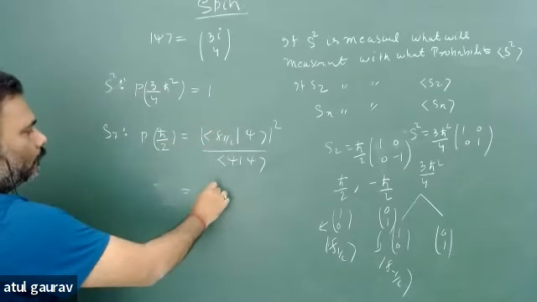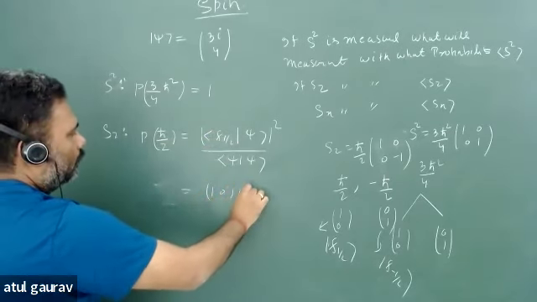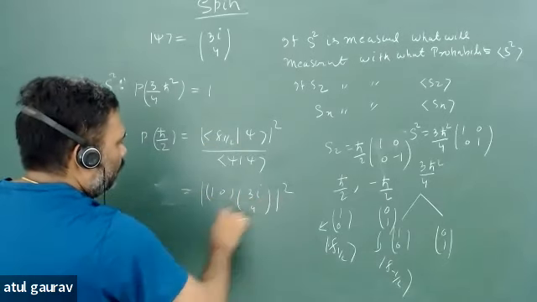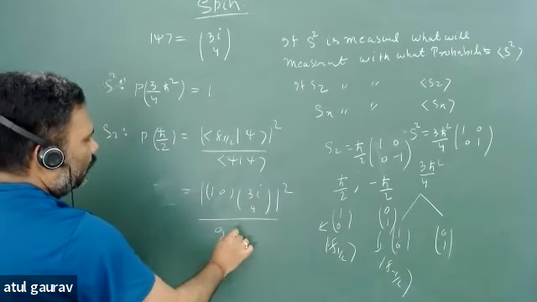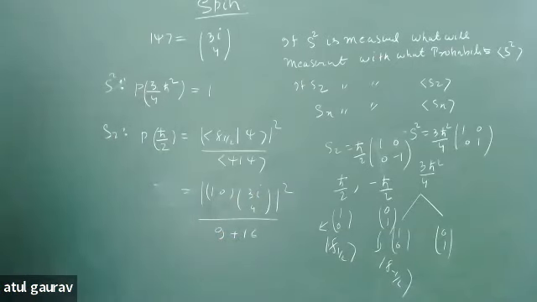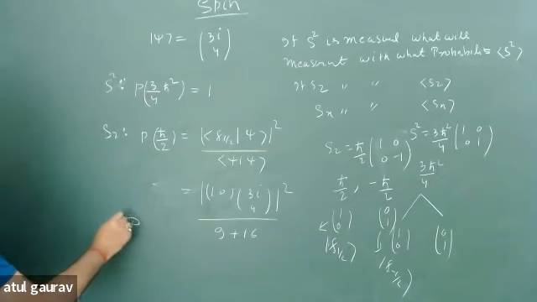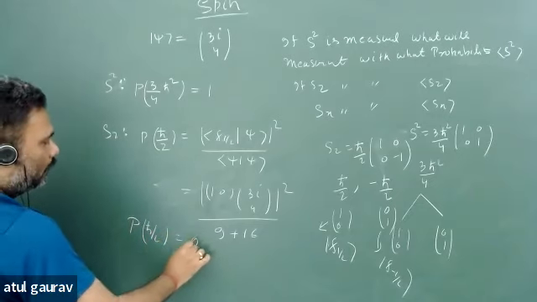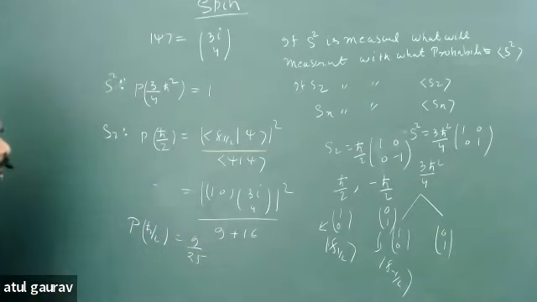What is chi half? (1 0). This is |3i|² over 4, that is 9 plus 16. So what is the value? 9 by 25. Very good.